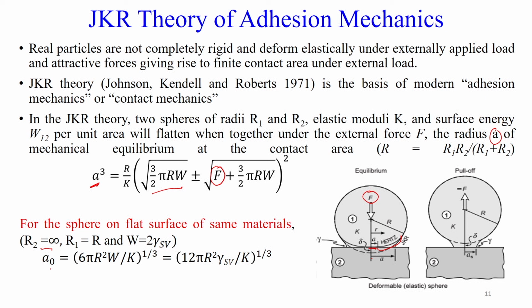We write A naught here, considering F equal to 0. If you put F equal to 0, A naught cube will come out to be 6 pi R square W upon K, and W you can replace as twice gamma solid vapor. So it will be 12 pi R square gamma solid vapor upon K.